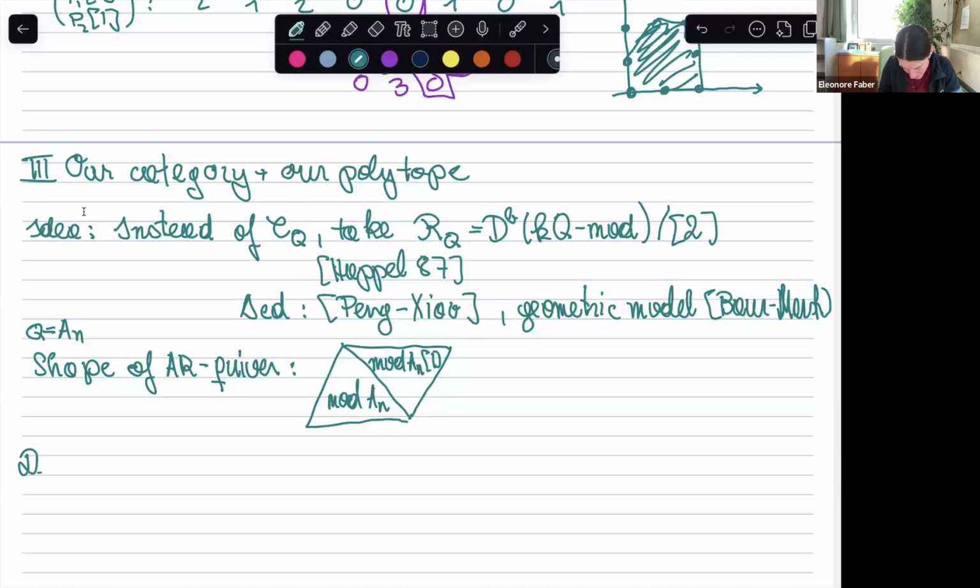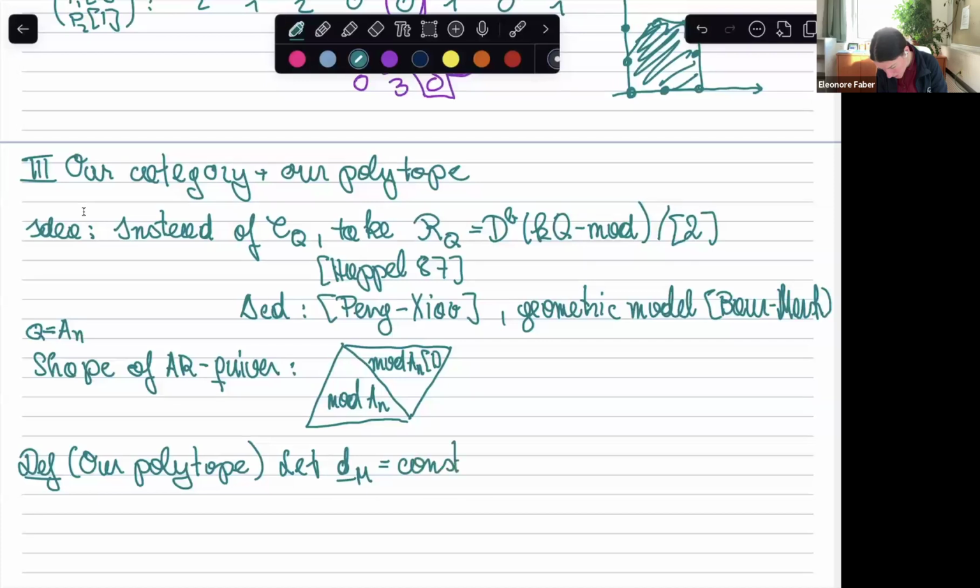So then we can also get the polytope. This is now our polytope. We modify the definition of the earlier ones. We can look at a constant tuple D, which will always be 1 for us.